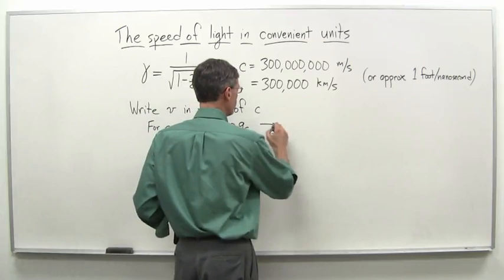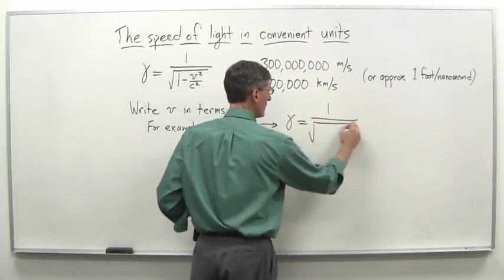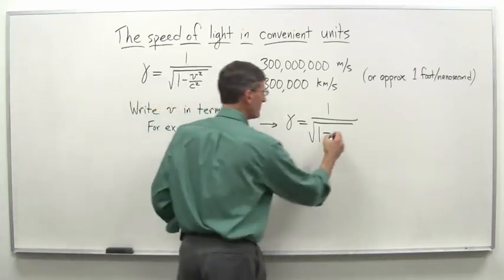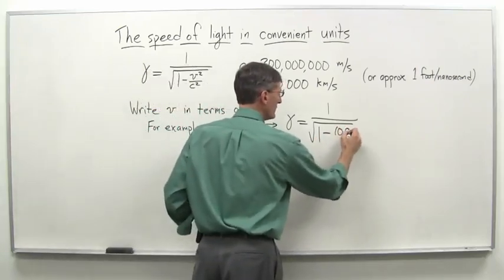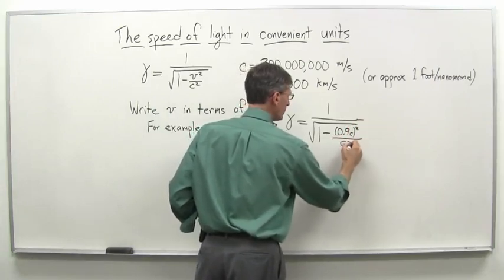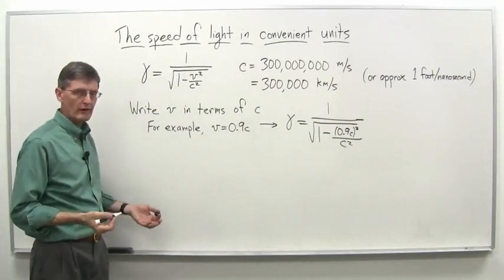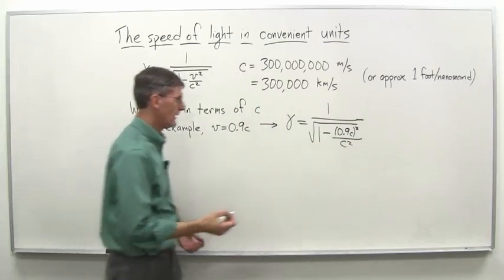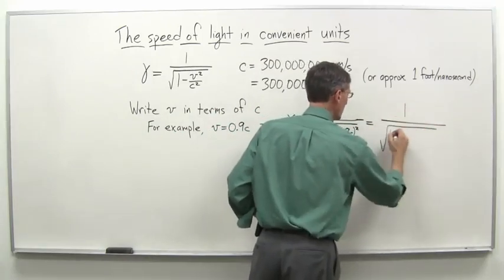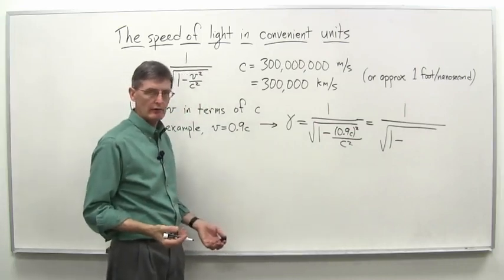We get gamma equals 1 over the square root of 1 minus (0.9c) squared divided by c squared. What's (0.9c) squared? That becomes 1 over the square root of 1 minus, on the top, 0.9 squared.